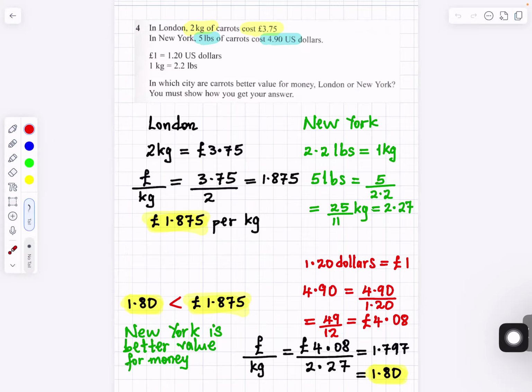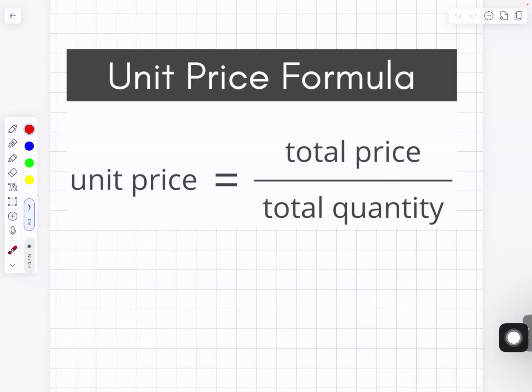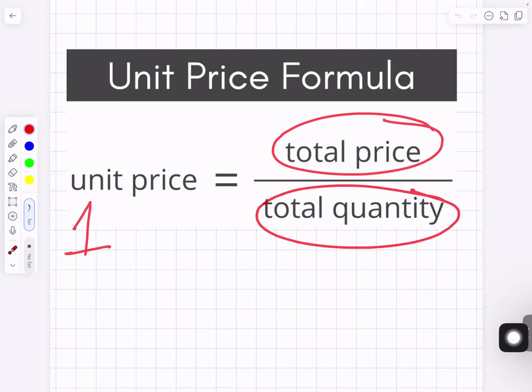I'll show you a formula that you need to learn. You find the unit price. This is the magic formula when you're comparing things that you buy. Unit price formula: you find the total price divided by the total quantity.